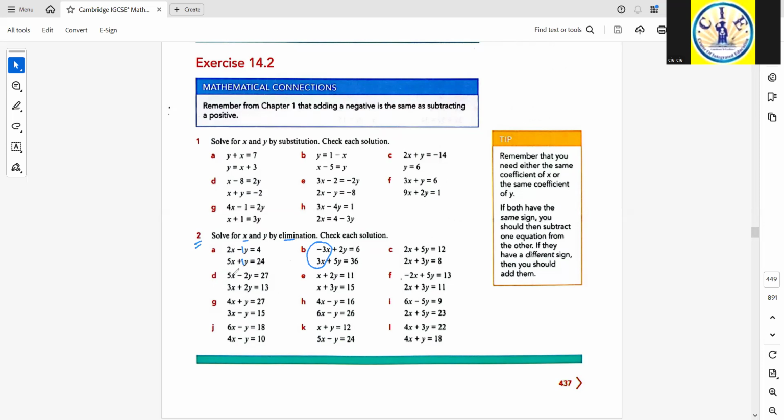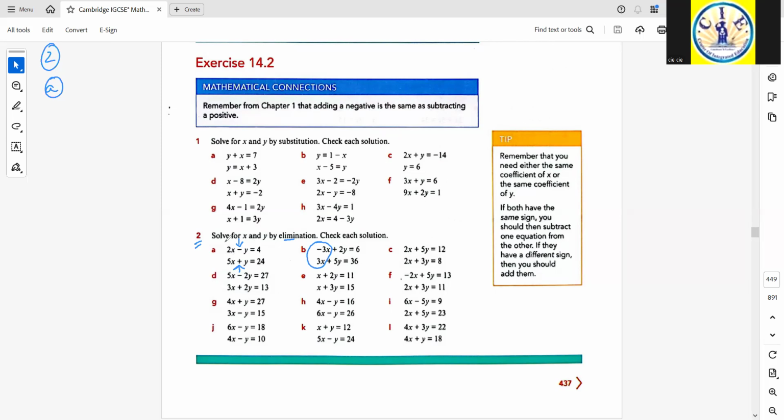Though we can also eliminate the other variable as well, it would be easier to eliminate that variable which has the same coefficient. Now for question number 2, part A.